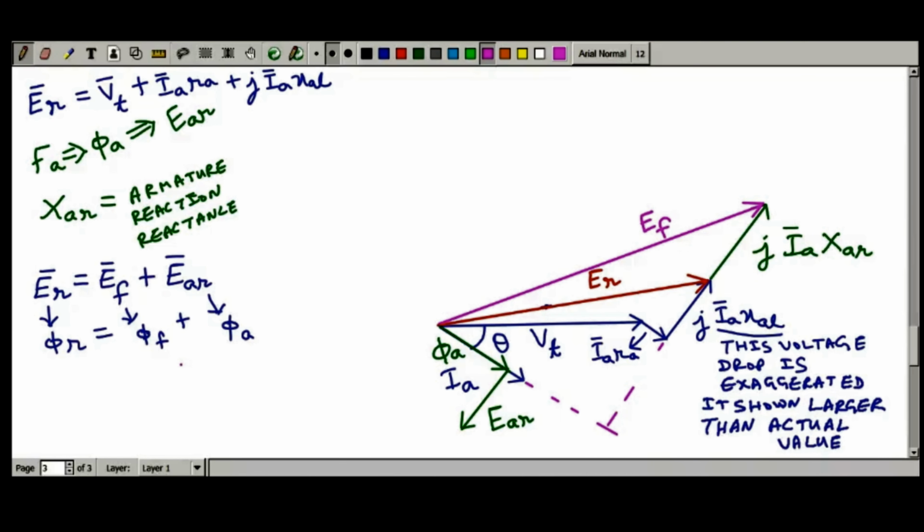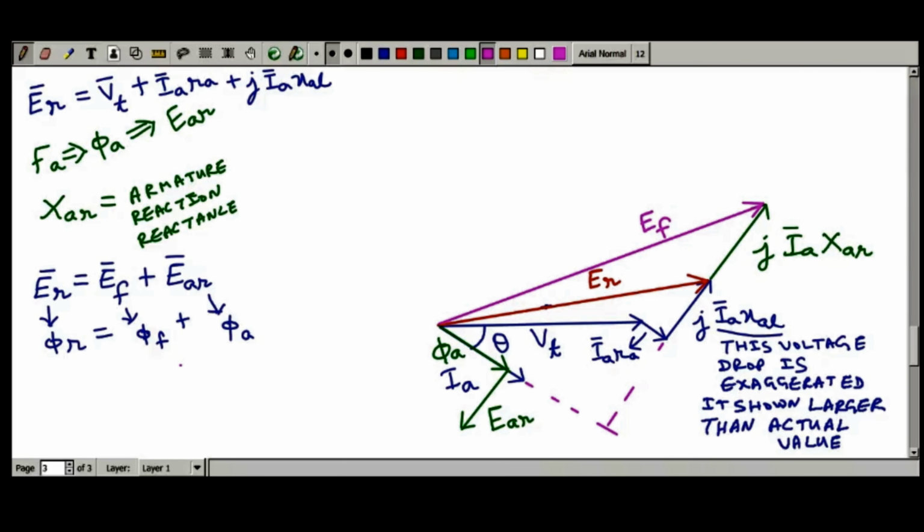90 degree, why? Because as I have said, the EMF induced in the armature winding is statically induced EMF or transformer EMF, for the simple reason that armature windings are placed in the stator core. Stator core is stationary. So whatever EMF is induced in the armature winding has to be statically induced EMF or transformer EMF.